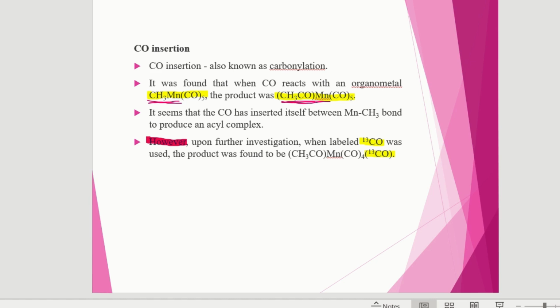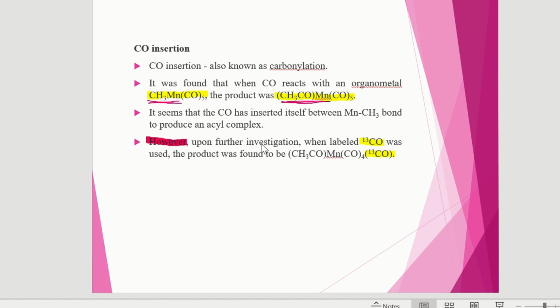CO insertion is also known as carbonylation. It was found that when carbonyl reacts with the organometal, the product was this one. As you can see, between our methyl and the central metal, there is a new CO, or carbonyl. It seems that CO has inserted itself between our metal and CH3, the manganese and CH3 bond, to produce an acyl complex.